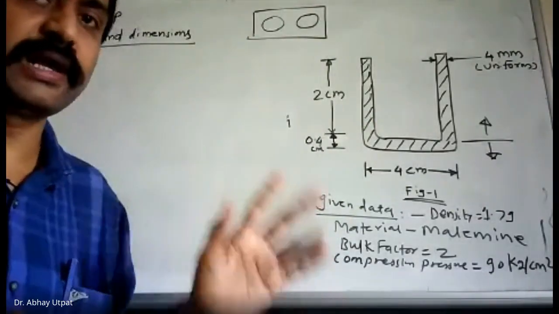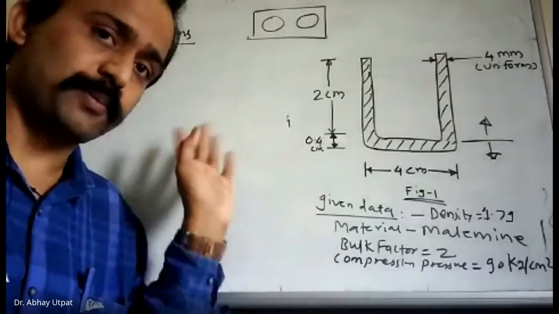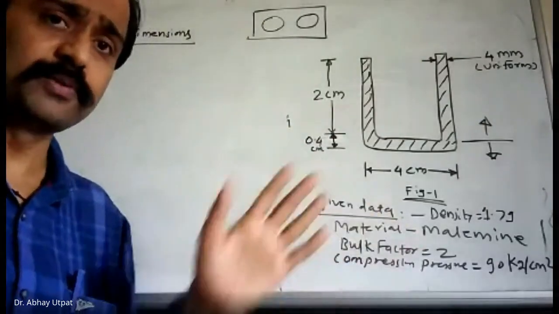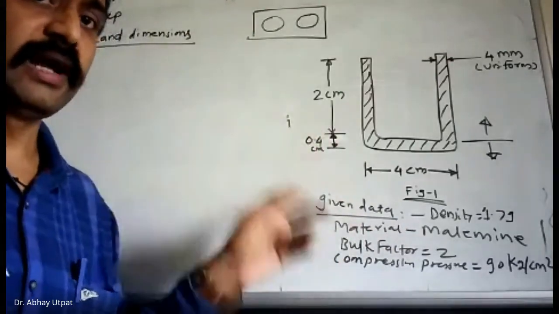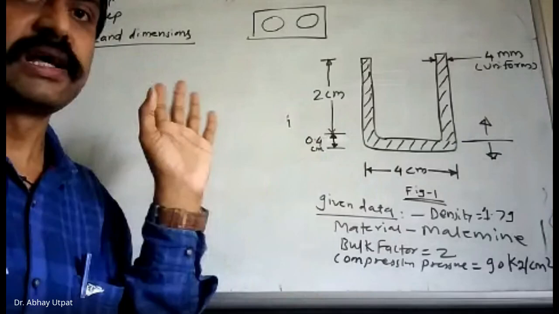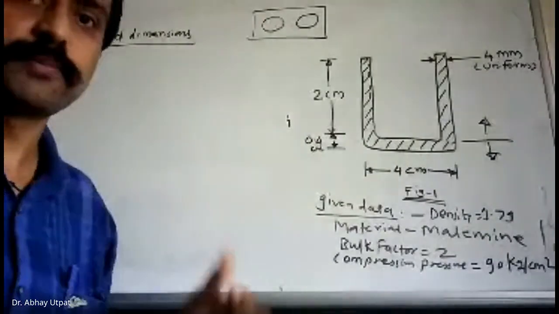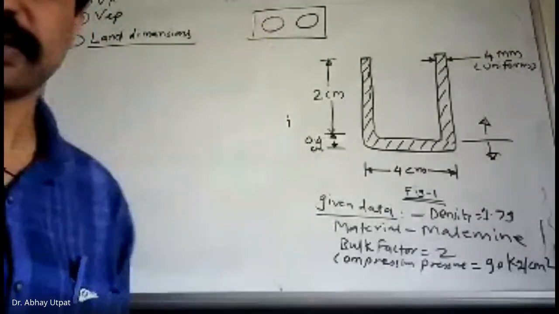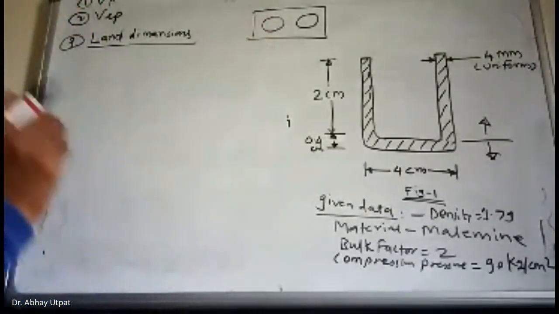Those who were absent for the previous class, please refer to the notes of previous students, and you will get all these concepts. Land dimension means this distance, in case of compression mold. And this land dimension will be considered as 13 mm, within 10 mm to 16 mm.